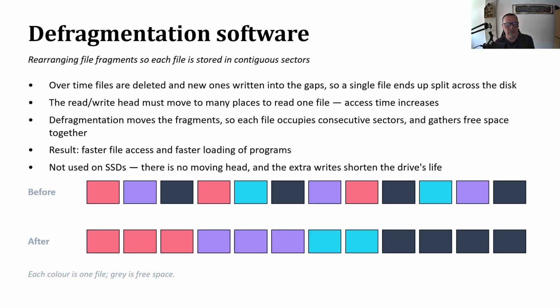Once you've found the start of the file, you can read through the file without having to skip around the disk. But also when you want to write a file, you can find a big enough gap to write it into, and then again you can just write it all in one go. So this results in faster file access and faster loading of programs. So after a while, defragmentation of a hard disk drive may improve the performance of your system.